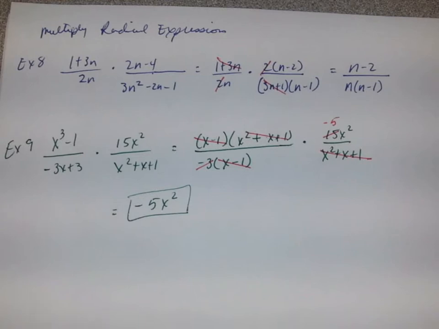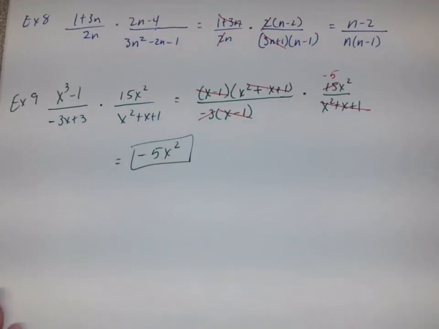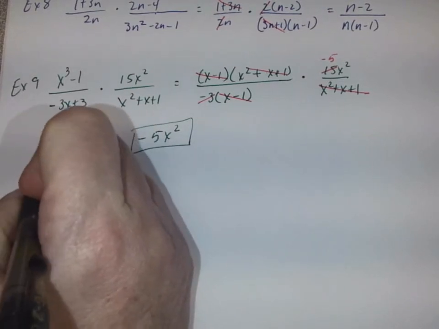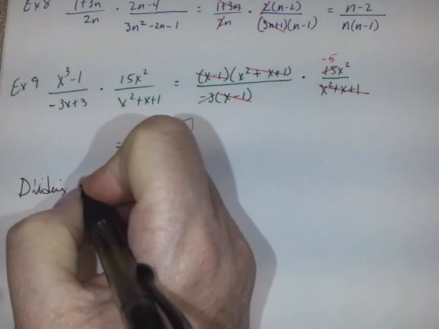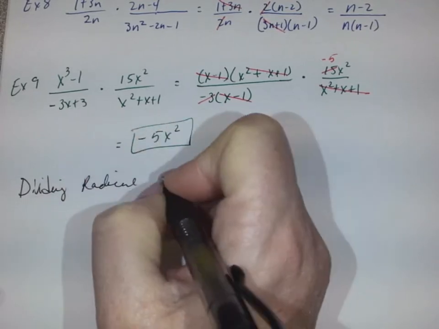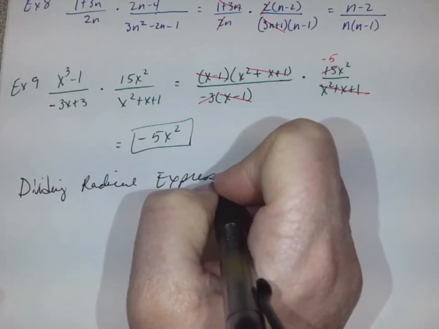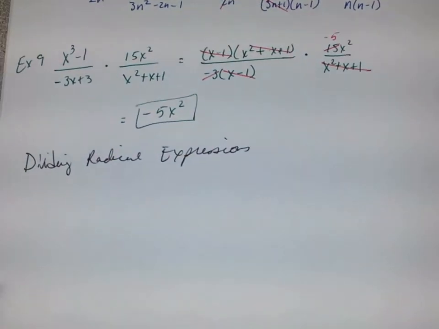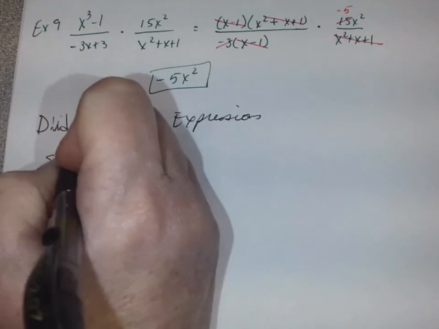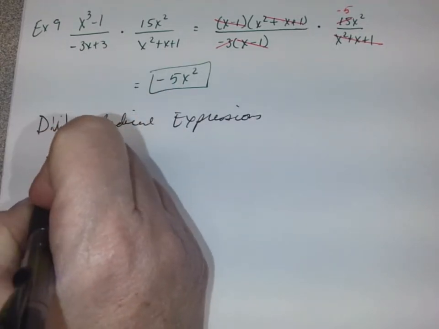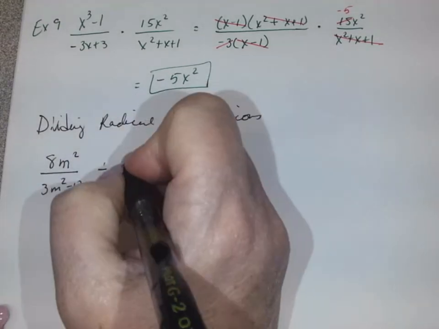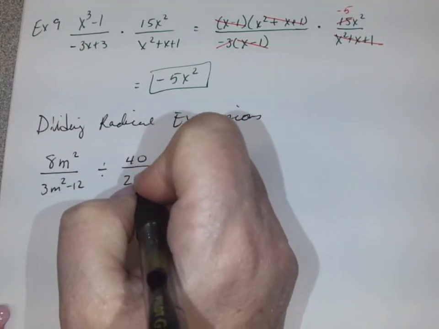All right, so let's look at dividing our rational expressions. It's going to work the same way as the multiplication except for the first step. So our first problem we're looking at is 8m squared over 3m squared minus 12 divided by 40 over 2 minus m.